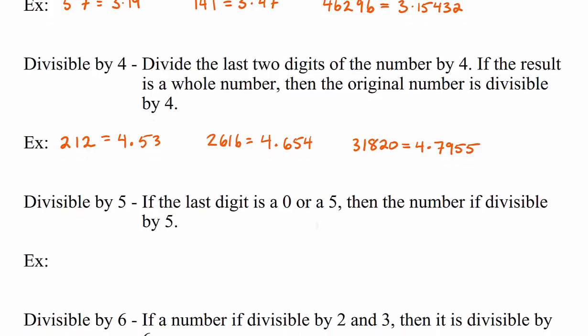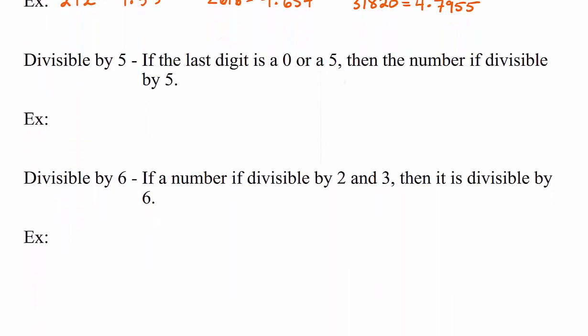Now, for a number to be divisible by 5, it simply must end in a 0 or a 5. So, that one's pretty self-explanatory. We could say that 75 is definitely divisible by 5. That would be 5 multiplied by 15. Or let's say I had 205.